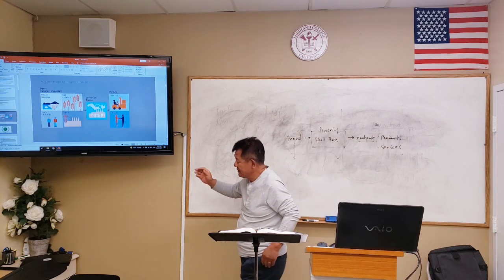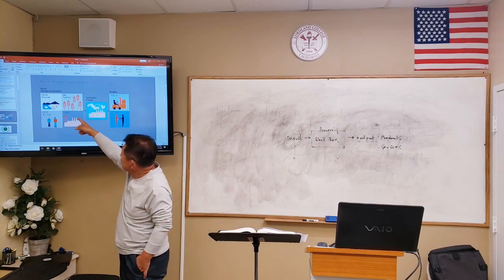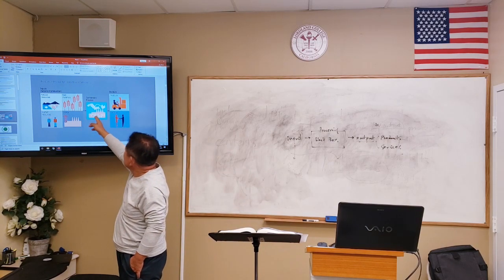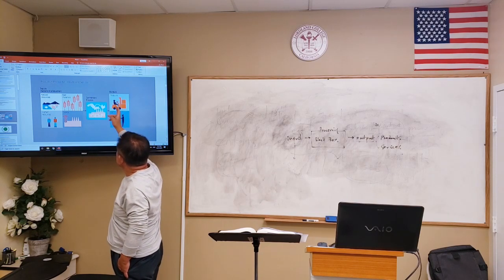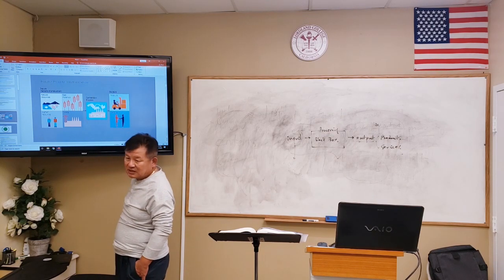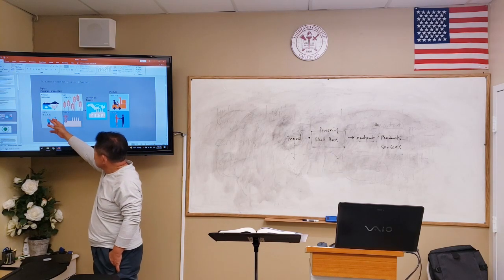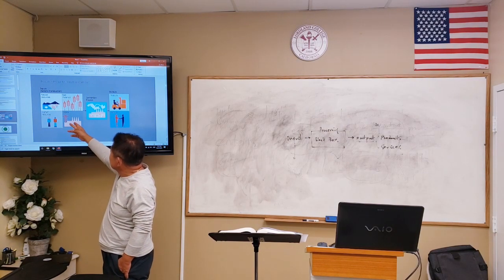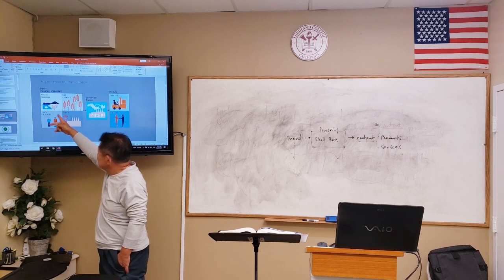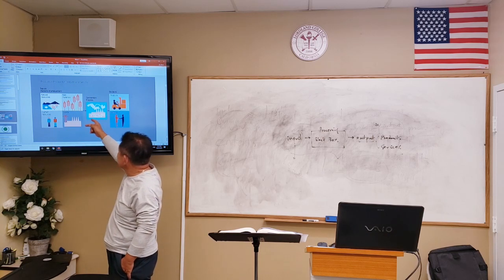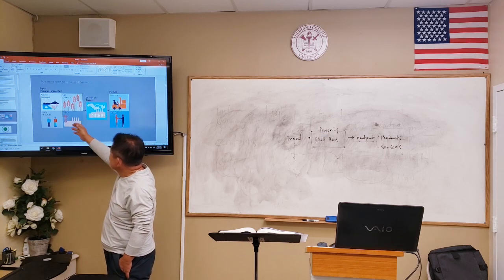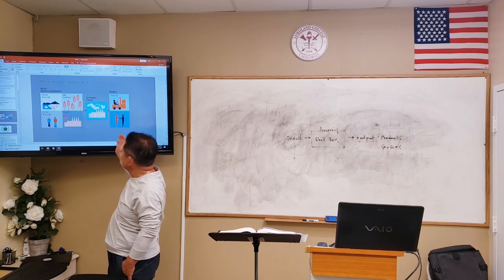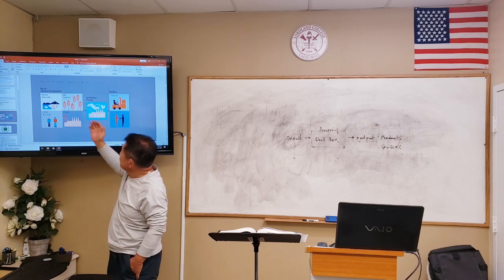Input goes through the conversion process, which I call this black box. This is output, products and services. So human resources, capital, raw materials, natural resources are input, then some kind of processing, and then output. This series of processing we call the production process.